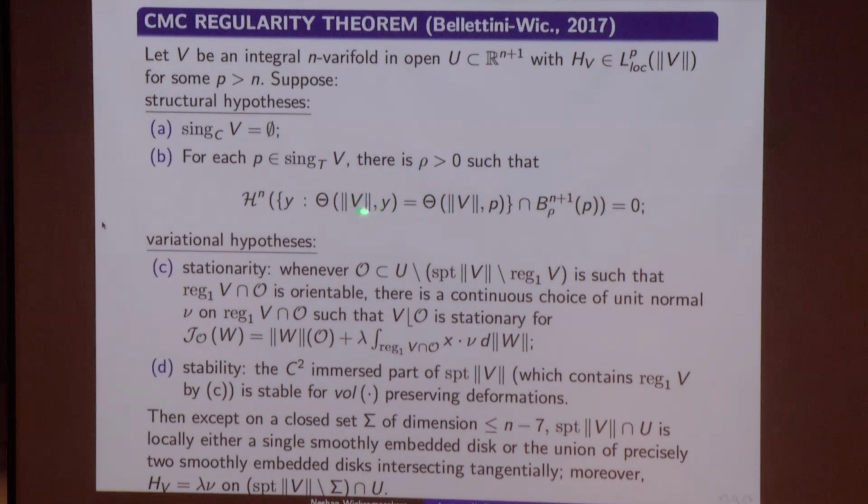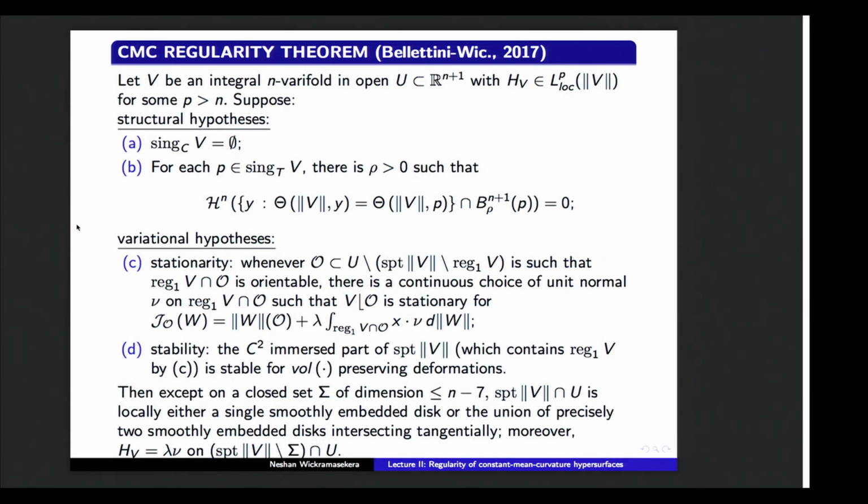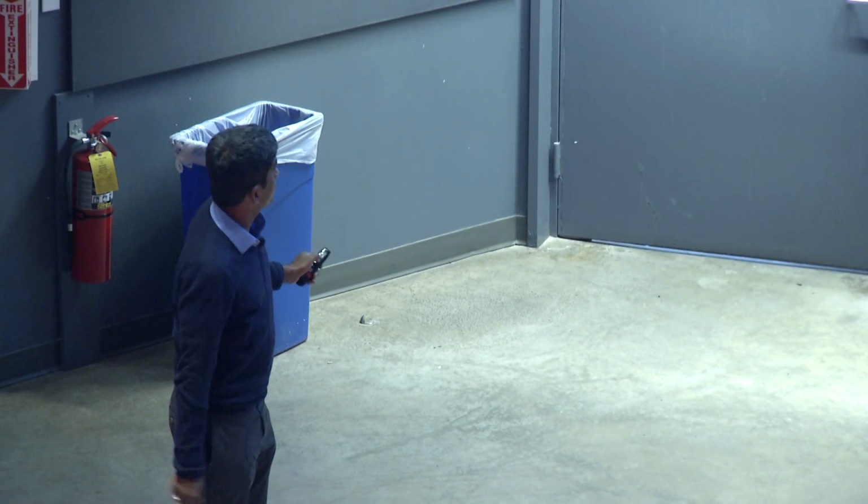Of course, ruling out touching singularities is included in this, but we're not going to go as strong as that. We're just controlling in measure how big the set is with the same density as the touching singularity. Now, the density of the touching singularity need not be 2, because the C1 alpha is for the support, but these curves might come with multiplicity in various ways. So the density could be larger than 2. So you have to check that the set of points where the density is equal to the density of the touching point is H^n null. And this is necessary. I'll give you a counterexample in a minute.